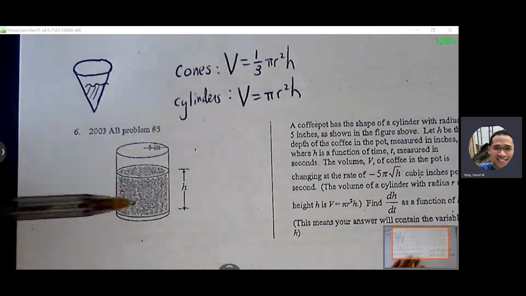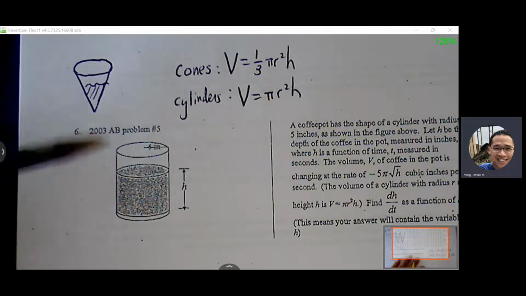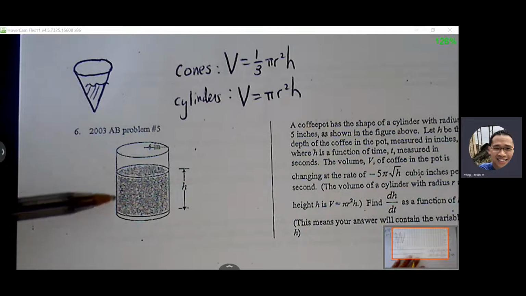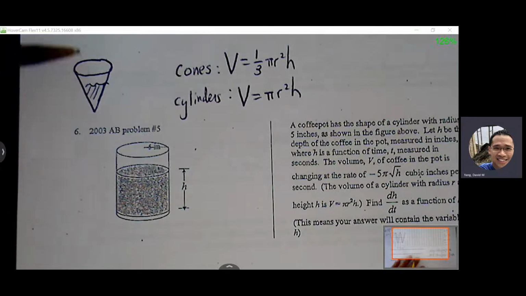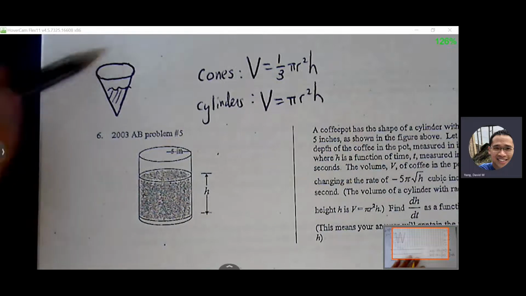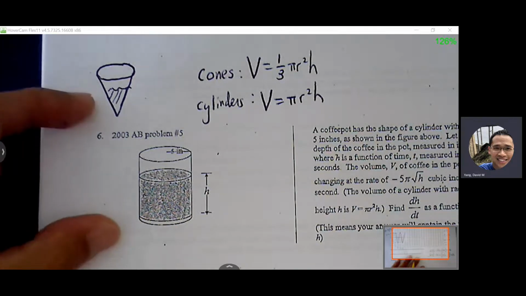It's being removed from this container. As the water level is changing or dropping, what's happening to the height? Is the height changing? Yes, the height's changing. Let's say we have a cone container, and water is being drained out of it. Is the height changing? Yes. So the heights are both changing in these.